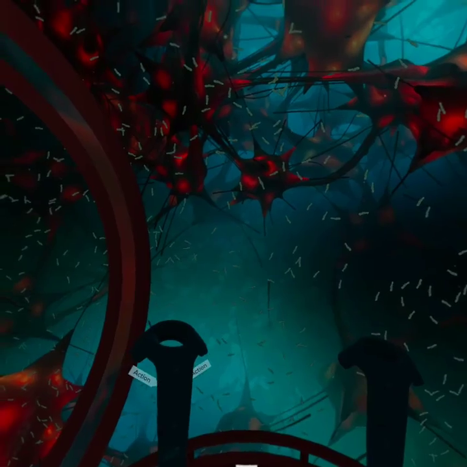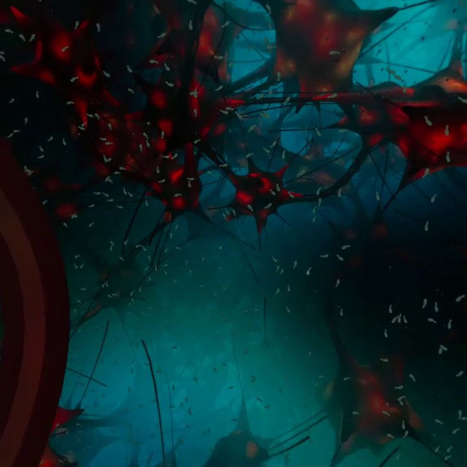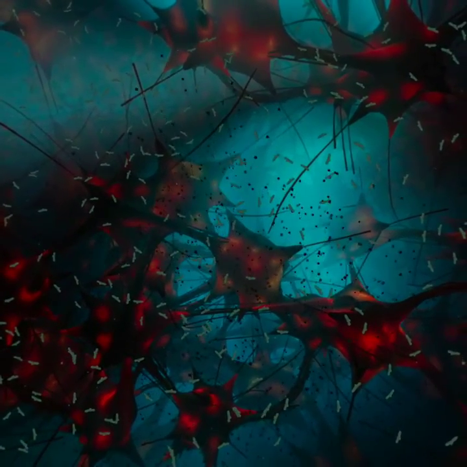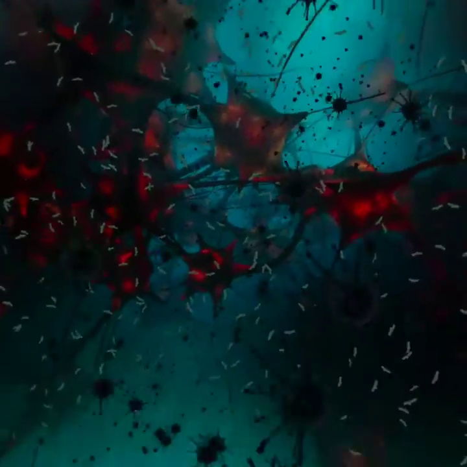What is that? There's an incoming virus attack headed for the cell. Fortunately, a cloud of antibodies is stationed around the cell to protect it from viruses.